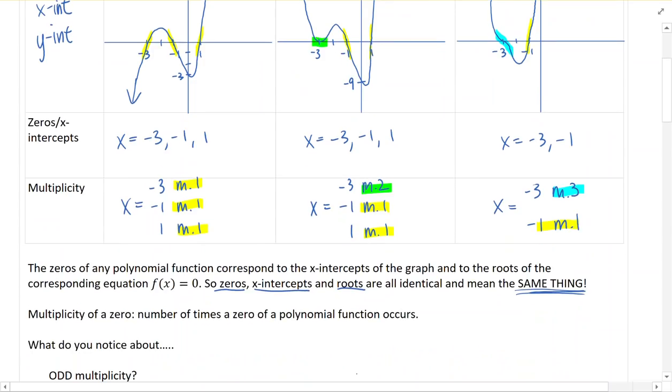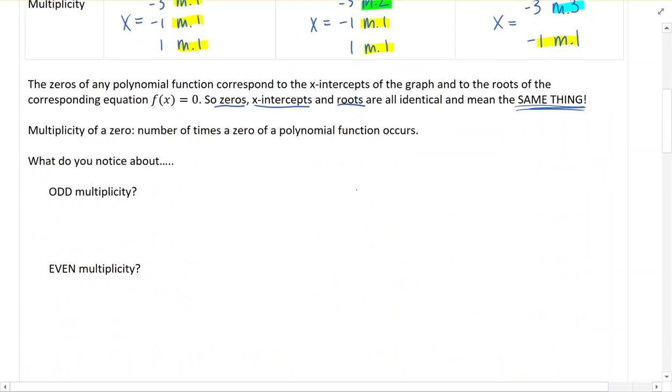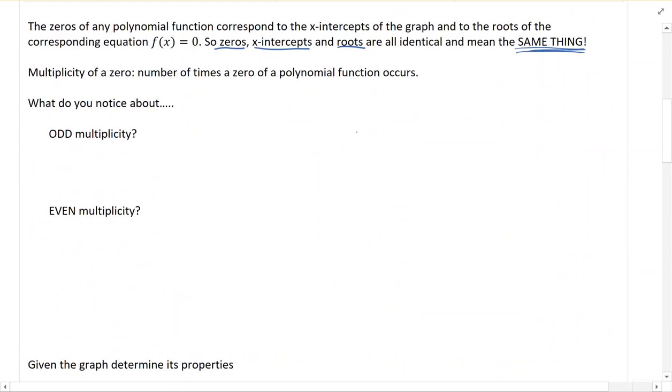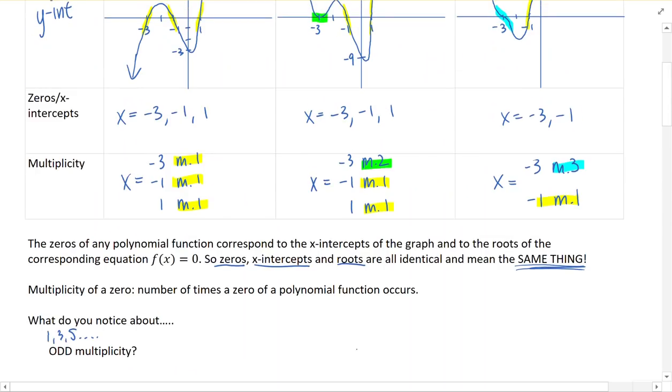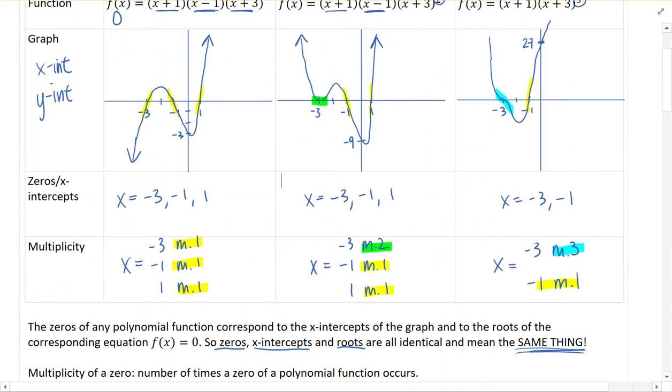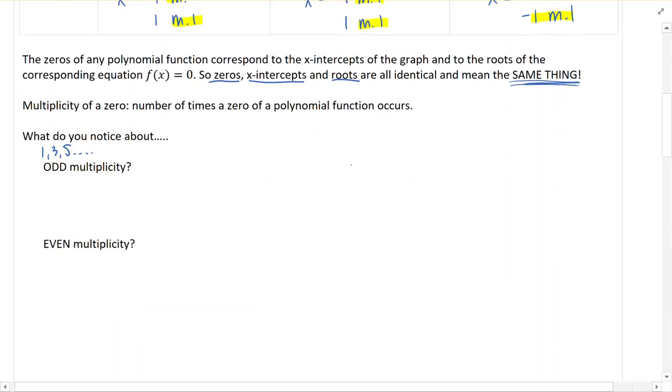So let's make a note on some of our observations here. What do we notice about odd multiplicities? Odd, remember, is 1, 3, 5, and so on. From what we saw, with odd multiplicities, the line always cuts through the x-intercept from one side to the other.